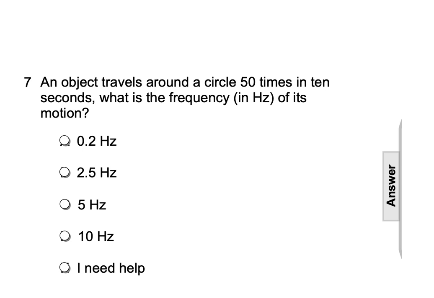Okay, in this one, as it travels around a circle 50 times, so that would be the revs, 50 revs in 10 seconds, that'd be the time. What is the frequency in hertz? Cycles per second, but we're not doing that. So what is the angular speed of its motion?